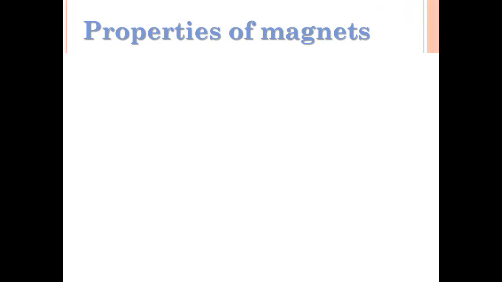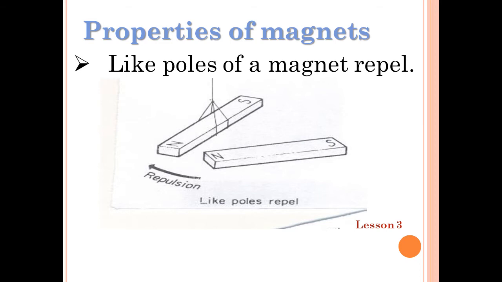So having done the corrections, today our dear learners, we want to look at the behavior or properties of magnets. The first property is that like poles of a magnet repel.